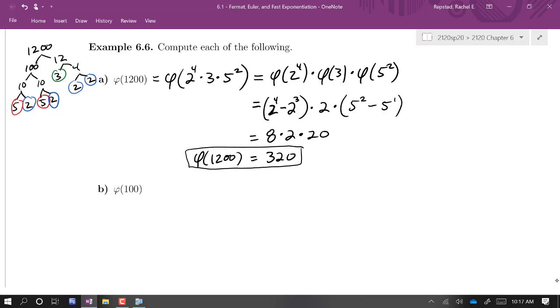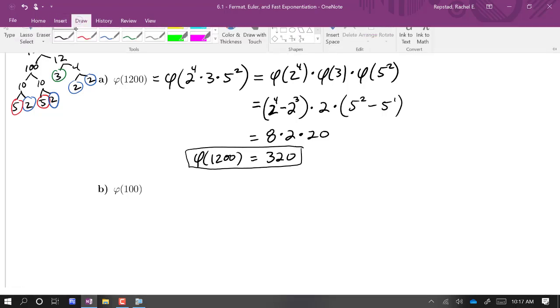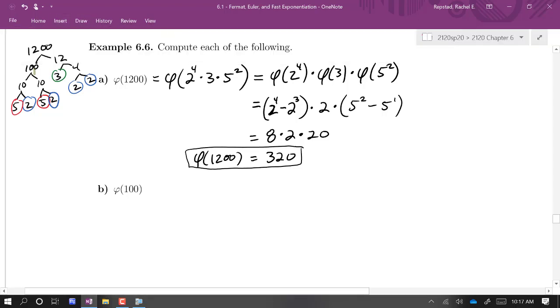Let's do another one. Phi of 100. I'm going to start by just factoring 100, and I'm going to cheat here a little bit. We have the factor tree for 100 kind of embedded in our factor tree for 1200. So that's 5 squared, 2 squared. And because I wrote it as a prime factorization, now I can split up the phi function over multiplication.